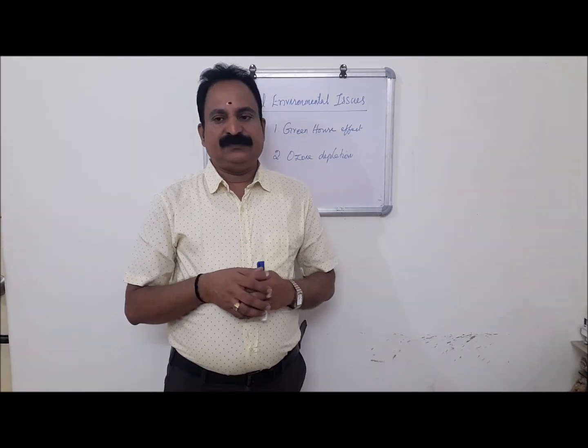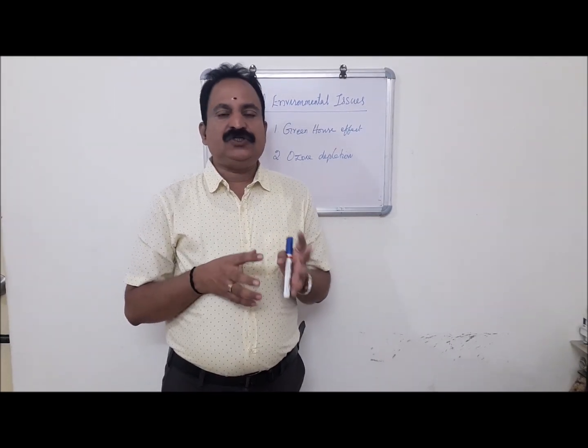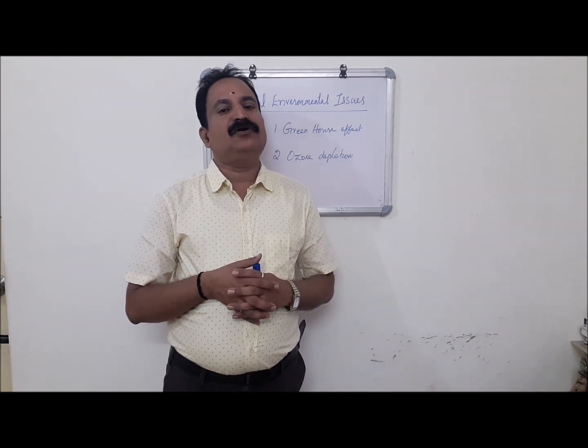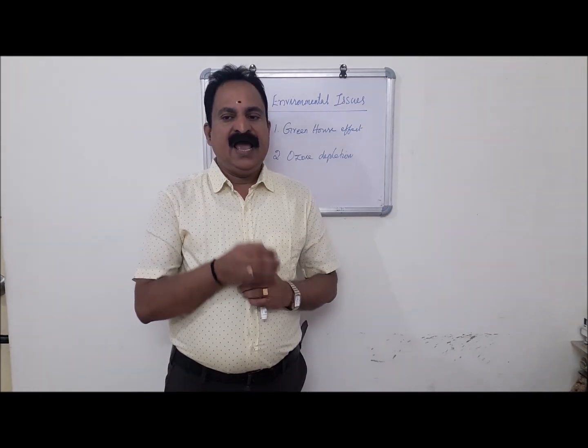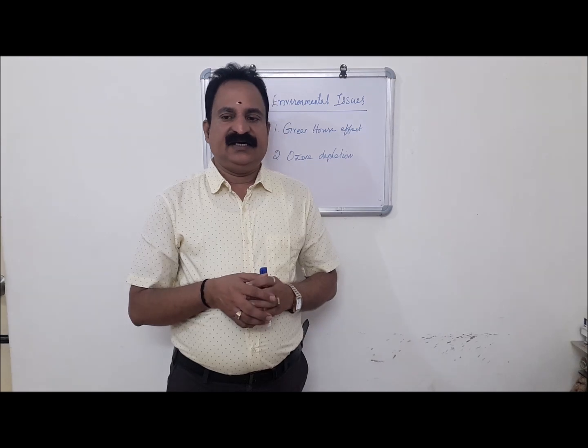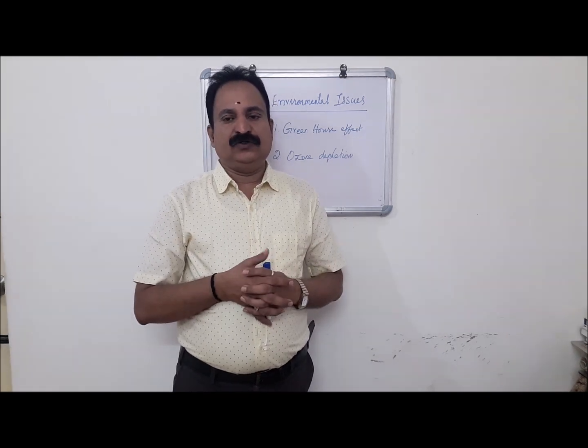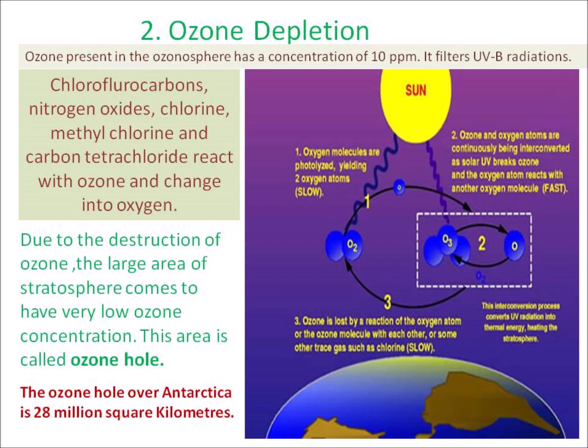The Montreal Protocol was proposed in 1987 to stop the use, production and import of ozone depleting substances and minimize their concentration in the atmosphere to protect the ozone layer of the earth. Ozone present in the ozonosphere has a concentration of 10 ppm. It filters UVB radiations.